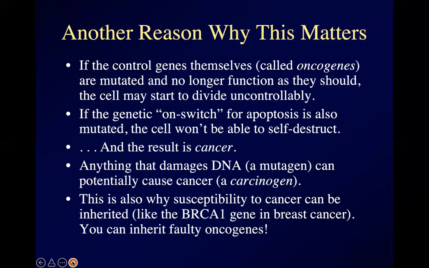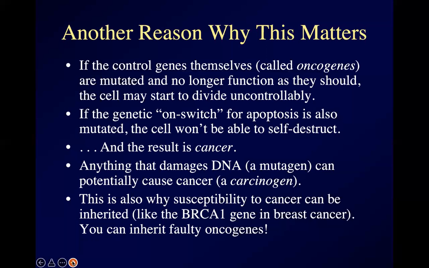Now, normally when this happens, if a cell starts dividing uncontrollably, the cell hits the self-destruct switch and undergoes apoptosis. Remember that pattern of programmed cell death. The problem is if you have certain mutations that shut off apoptosis, and so you might have a bunch of cells that are dividing rapidly and can't self-destruct, and what you've got there is cancer.